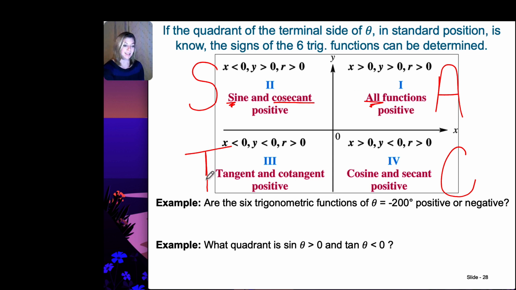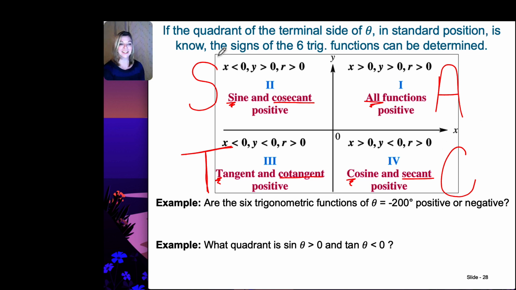In quadrant 3, take, so tangent and its reciprocal function, cotangent, are the only positive ones. All other four are negative. And C for calculus reminds us or helps us remember that cosine and its reciprocal function, secant, are the only ones positive in quadrant 4. The other four functions are negative.